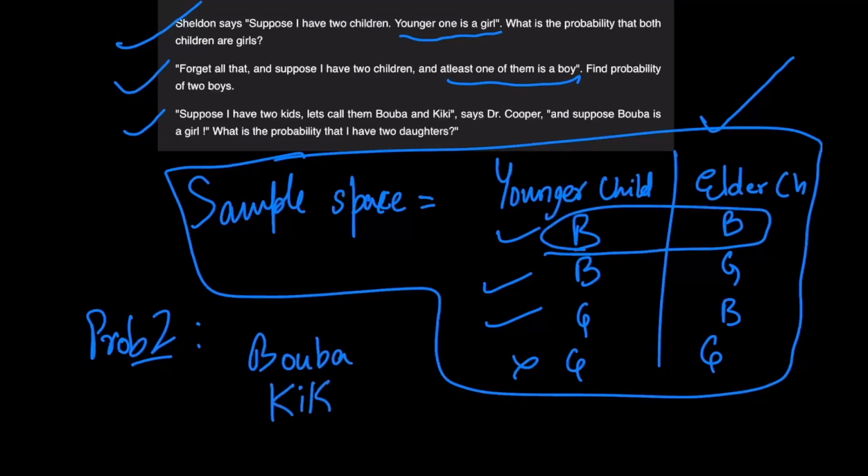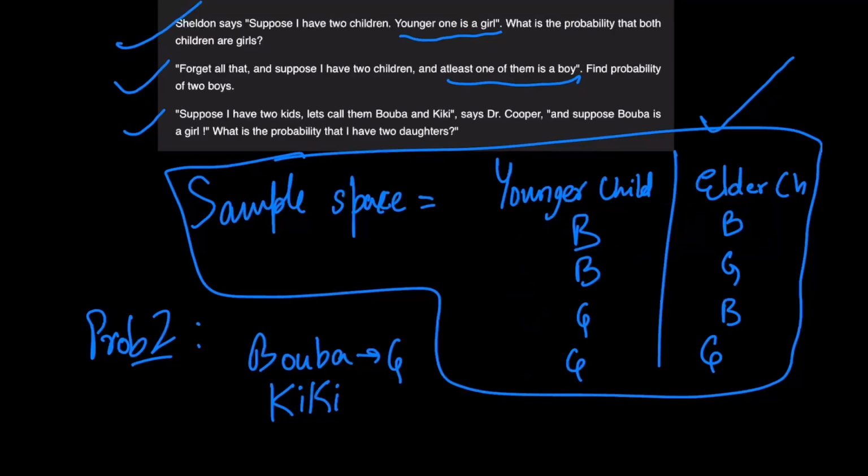Now we've been given additional information that Boba is a girl, and nothing about Kiki. And now we've been asked the probability that we have two daughters, which is the last case, basically this one over here. But first of all, we need to understand what is the new sample space.